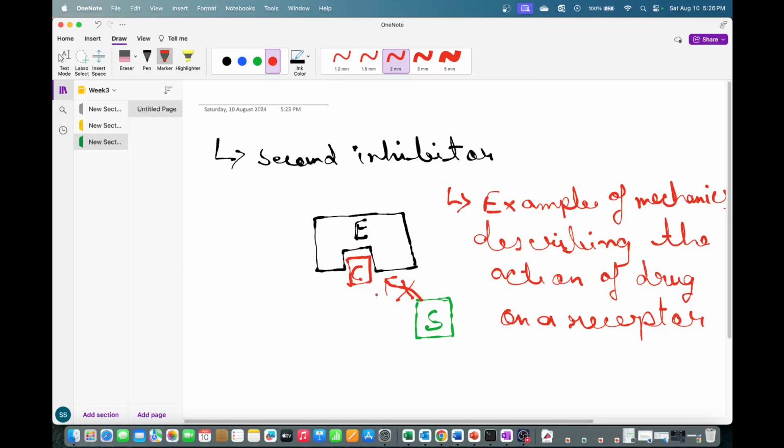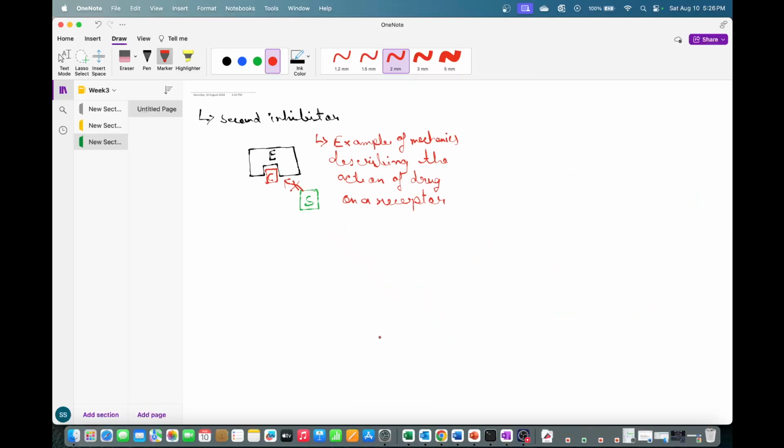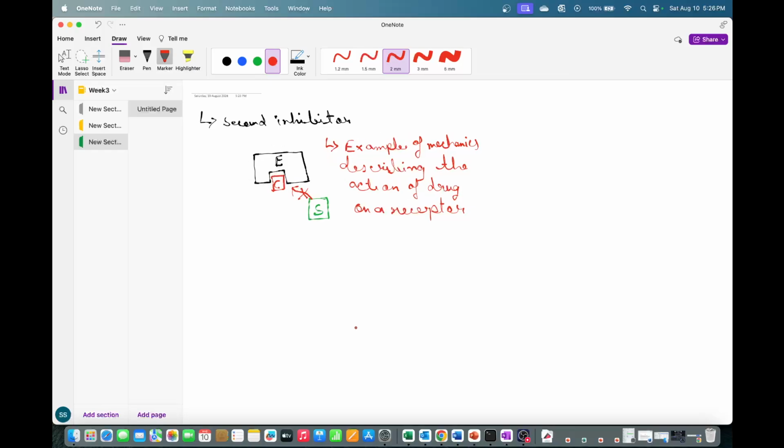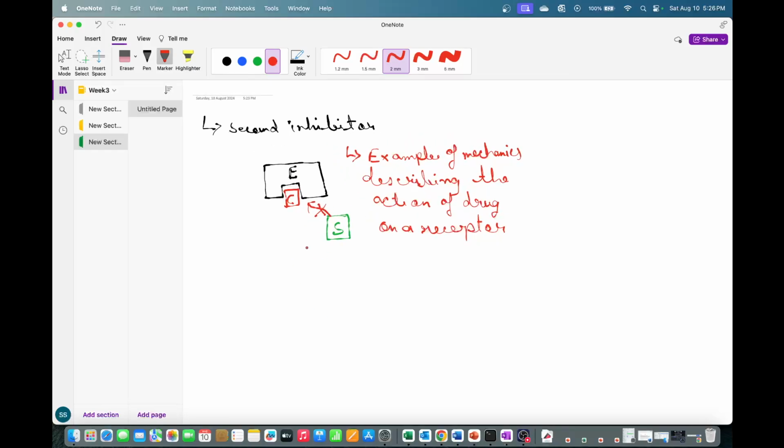It will be very similar in structure to the original binding substrate. So it will bind with the enzyme, but since it is not actually the substrate, product formation will not occur. So if you are giving a drug to inhibit formation of a product, this type of mechanism is very interesting and widely used. There will be a competitive inhibitor which binds with the enzyme and does not allow the substrate to bind with the enzyme.